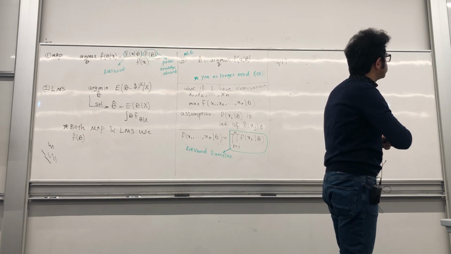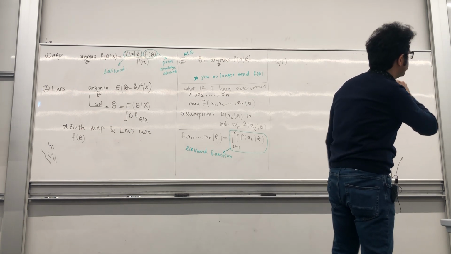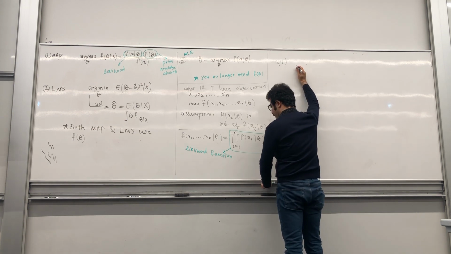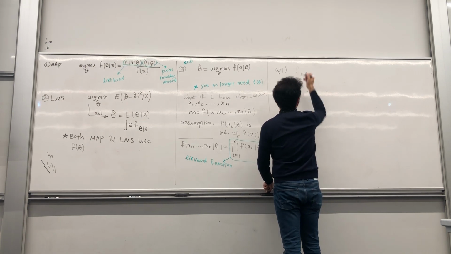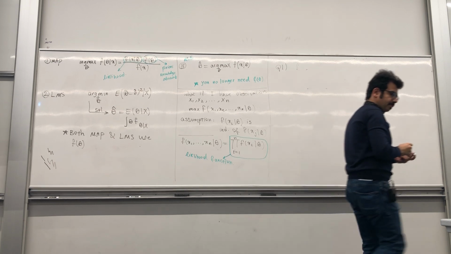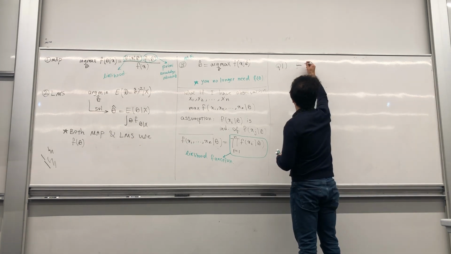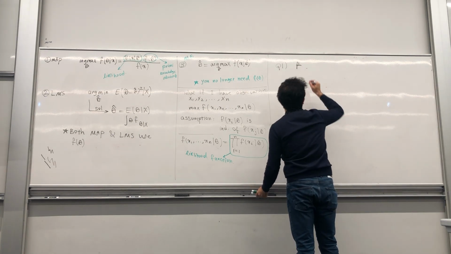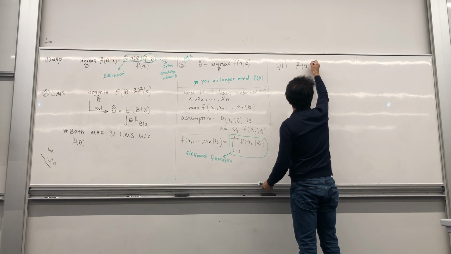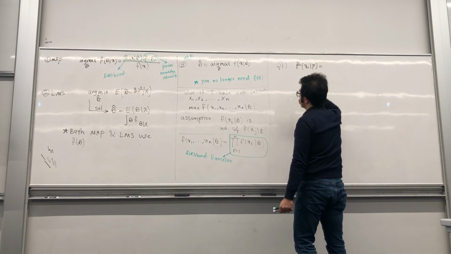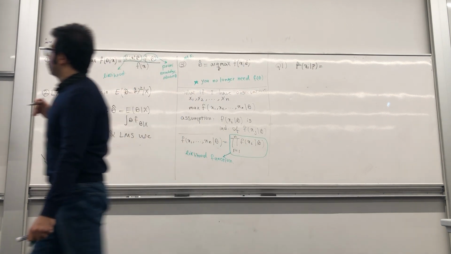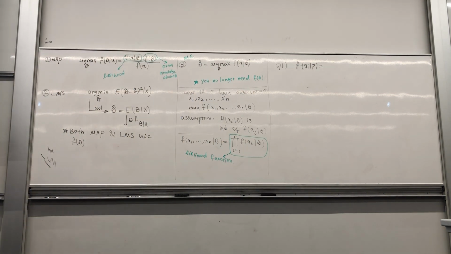We have, let's write the information we have. I know that f of xi conditional on p is coming from a Bernoulli distribution, right?